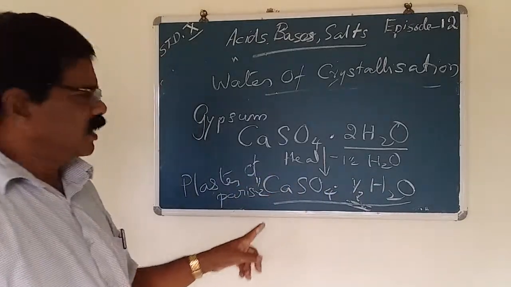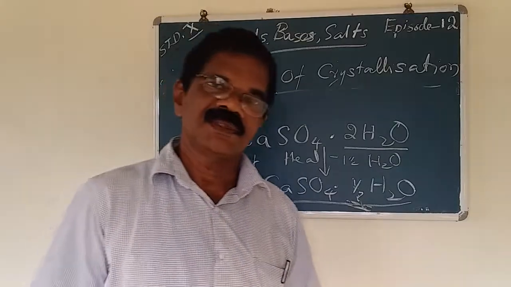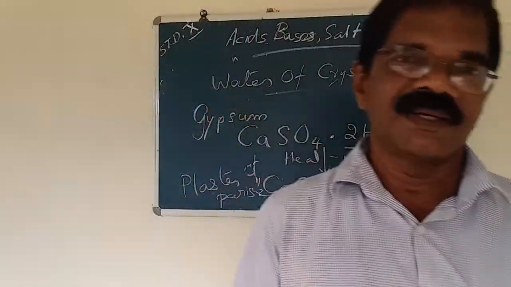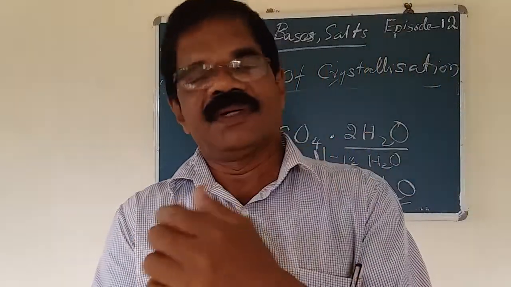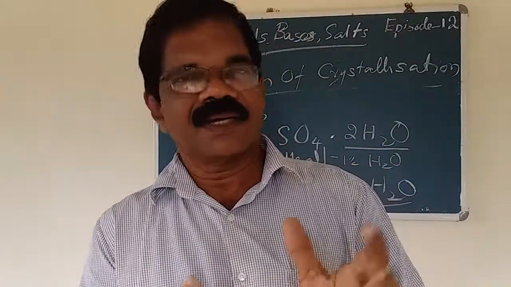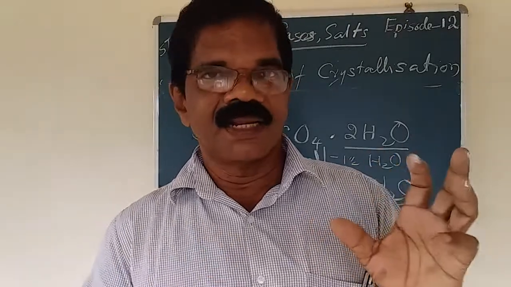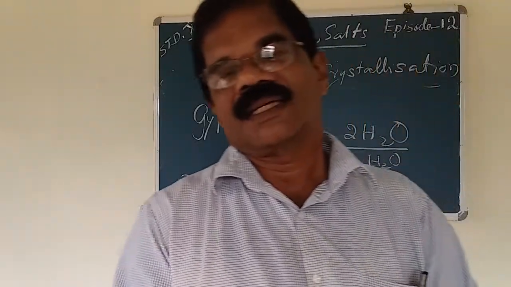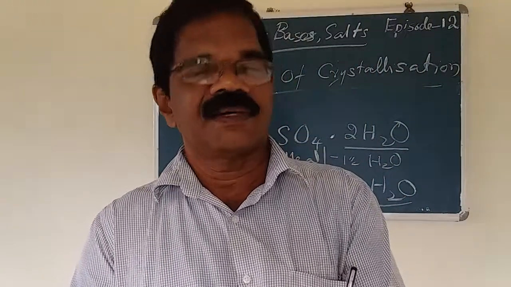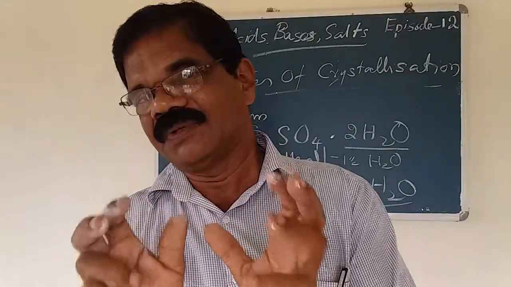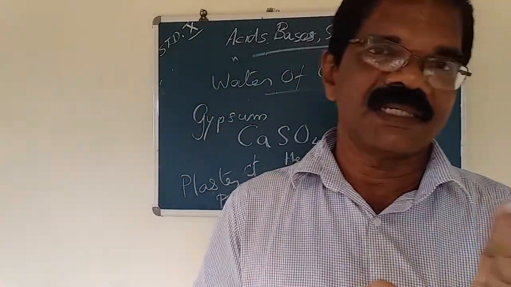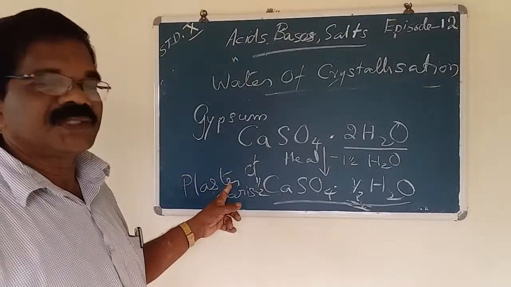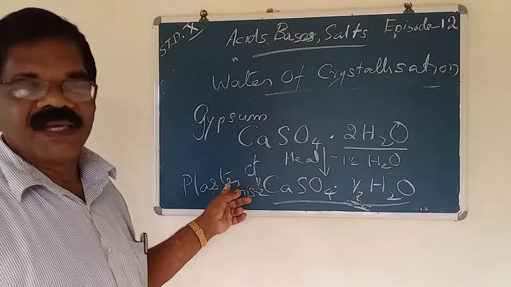We know the use of plaster of Paris. The term plaster, we are very familiar with. When we injure a bone, any finger in our hand or leg, when we go to the hospital, the doctor plasters the fractured part. The material used for fractured bones is plaster of Paris. It is used for plastering.